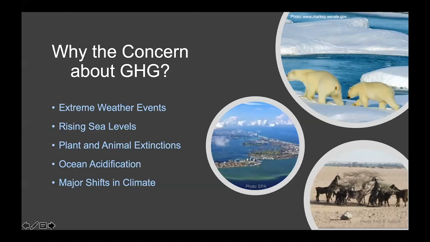And that's a concern. The rising sea levels, as we can see in the pictures of the glaciers melting, as those melt, that will raise our sea level. We're already starting to see some areas out in the northeast part of the United States that are starting to run into a few problems with that. Along with that warming, will most likely be plant and animal extinctions.